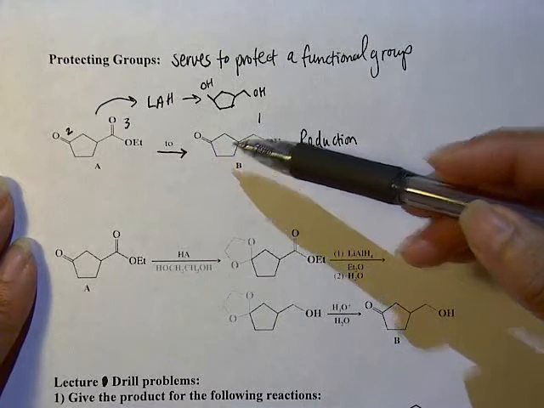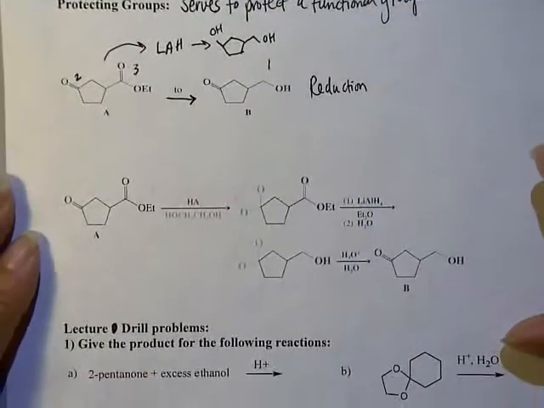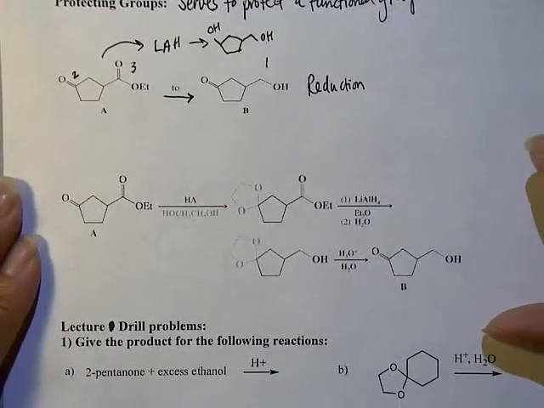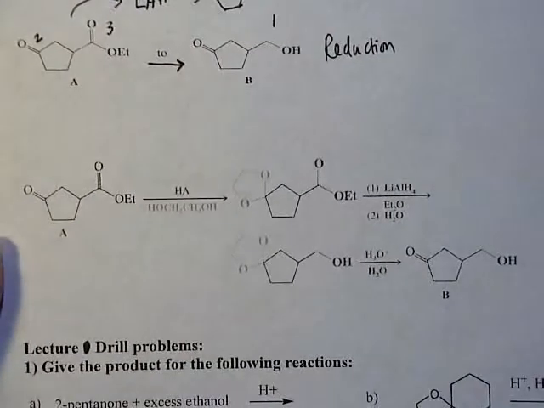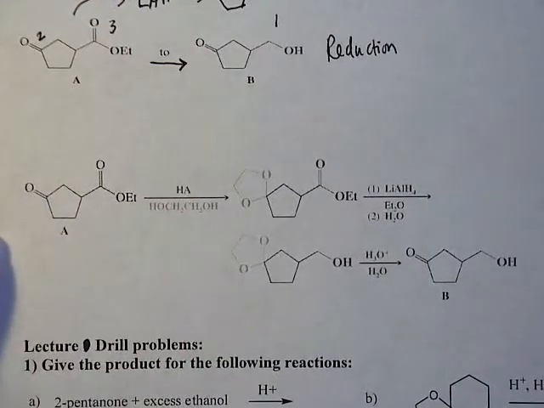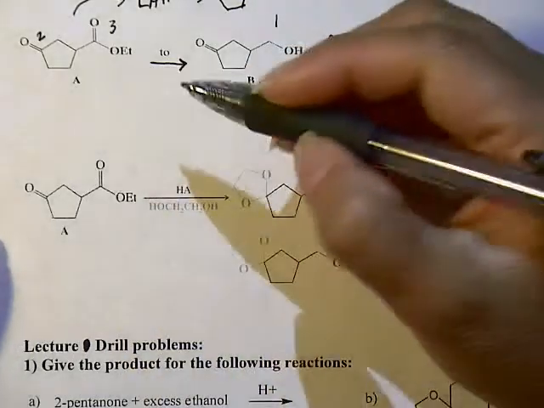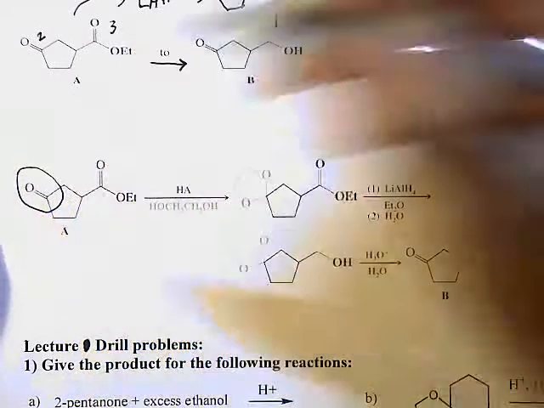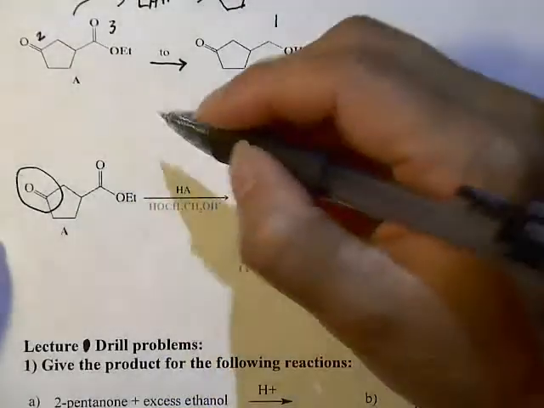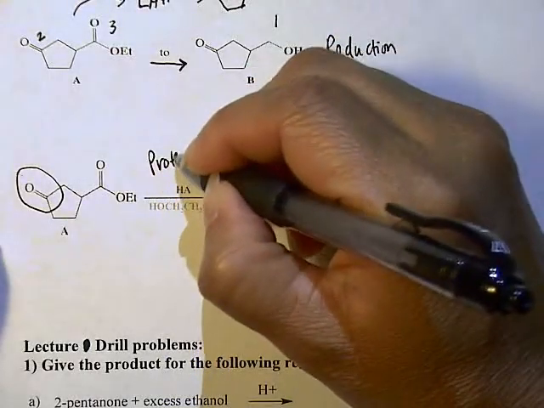All right. So this is where the protecting group comes along to help us be able to do this. This is a scheme that this chemist would follow, in which, because we don't want anything to happen to the ketone, we would do a protection step.